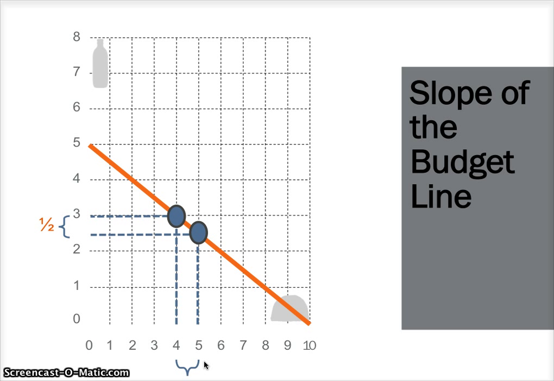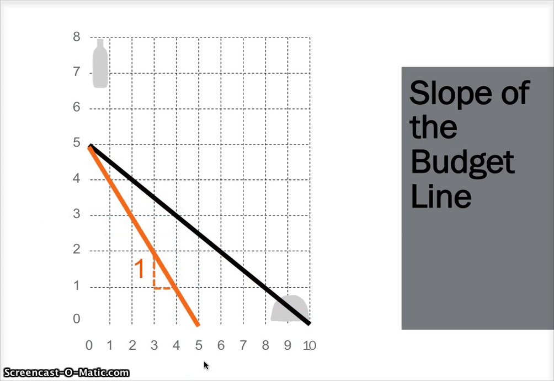What happens to the budget line when it pivots in? Now, let us start at this first point, where I'm consuming 3 patties and 2 beers. If I move to another point, where I'm consuming 4 patties and 1 beer, let's try to calculate the slope.